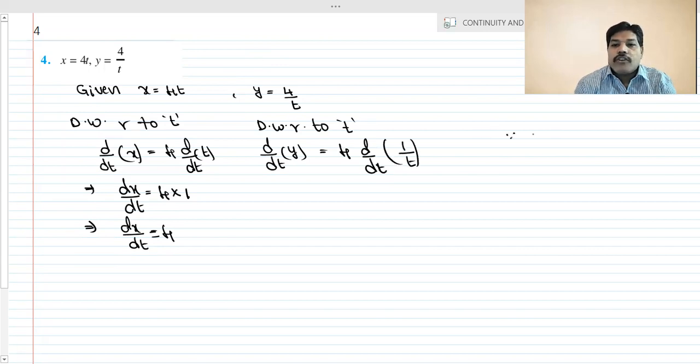Already we know the formula: the derivative of 1 by x. What is the derivative of 1 by x, students? Tell me that. Minus 1 by x square.